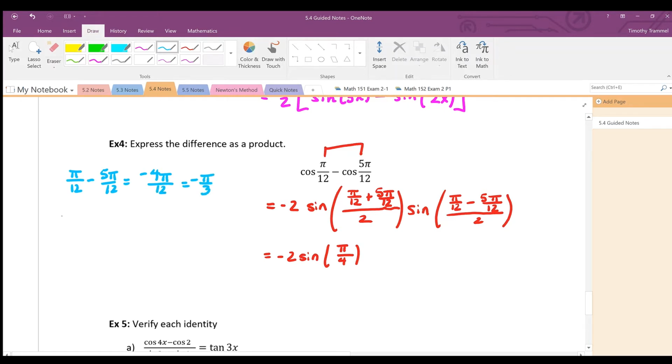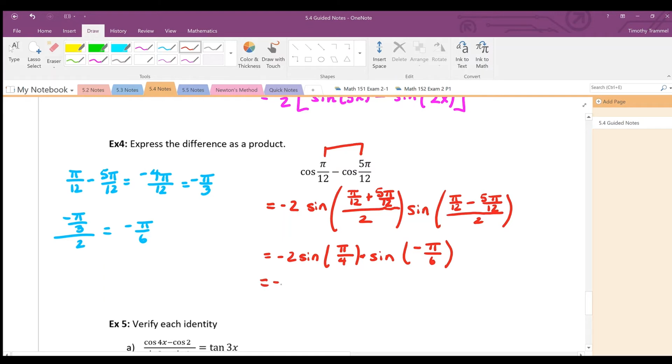And if you were to take that and divide it all by 2, it's going to be minus pi over 6. So we have plus sine, times sine of negative pi over 6.